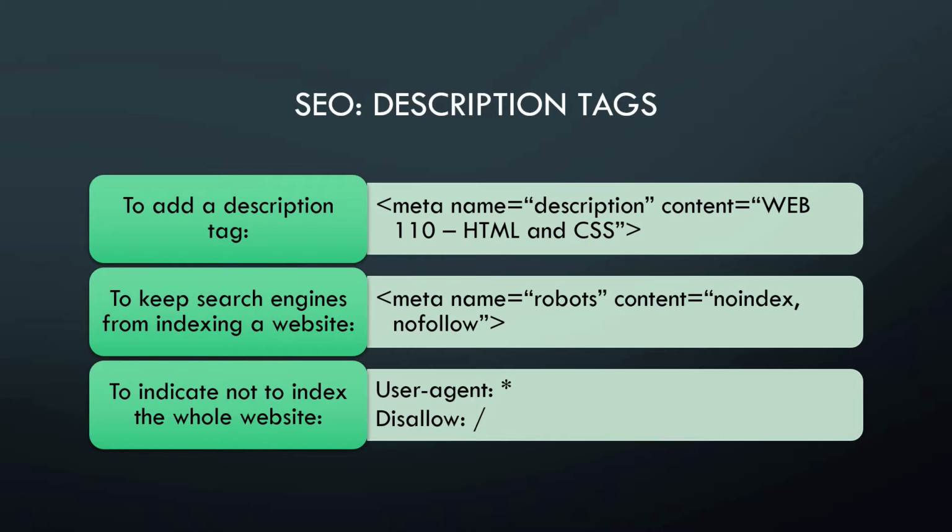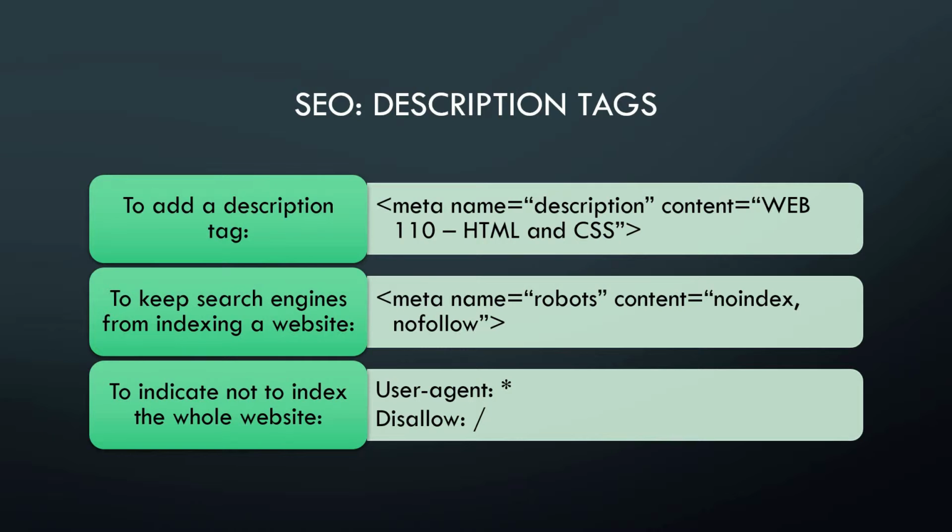So some things that you can do with SEO is creating these description tags. To add a description tag, you will create a meta name and list it as a description. You can choose what the content is going to be equal to. To keep search engines from indexing a website, you can actually add properties that will make it harder for the search engine to actually comb through your content.